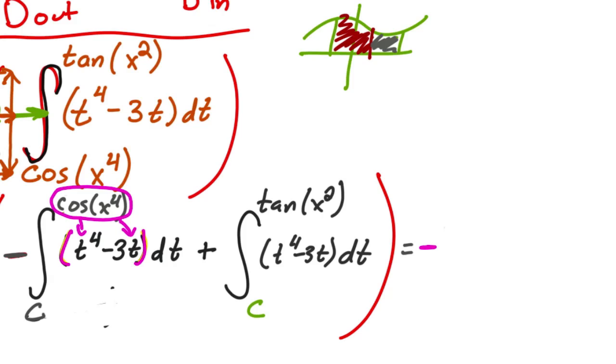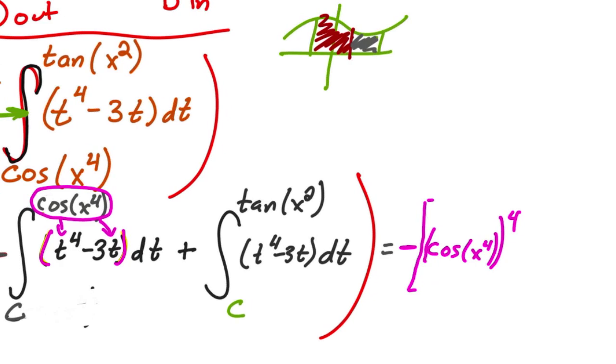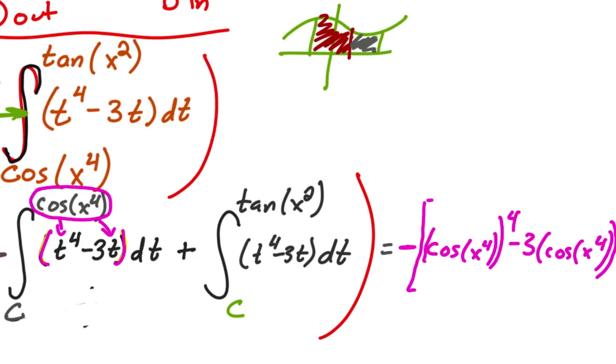Okay, so that means that you're going to have minus, well, hopefully this fits, cosine of x to the fourth all to the fourth, minus 3 cosine of x to the fourth, another parentheses. Okay, so that's the first part of the fundamental theorem of calculus, right?